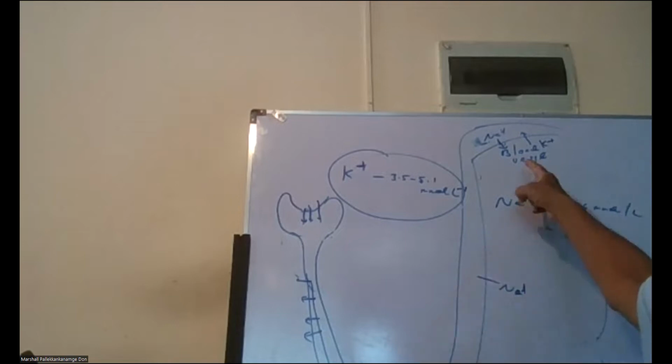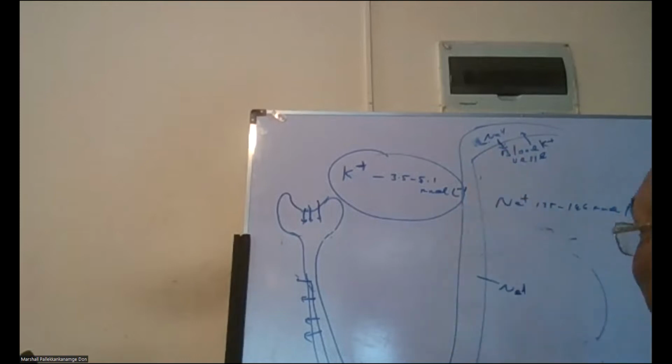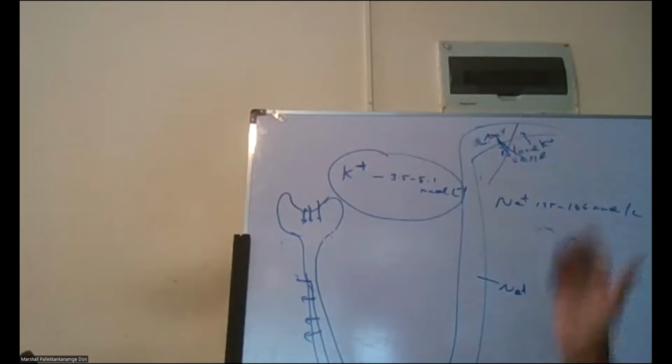Now, when this exchange is blocked by spironolactone, the potassium in the blood will be retained. This exchange is not there.